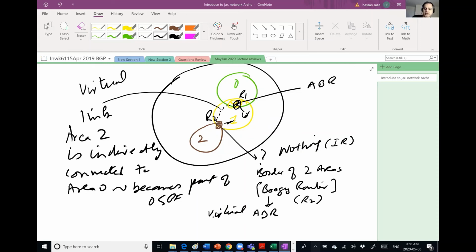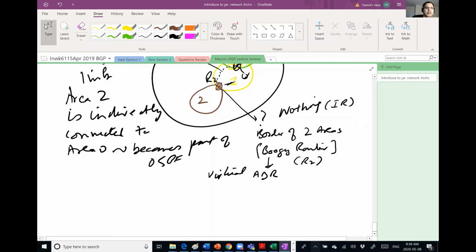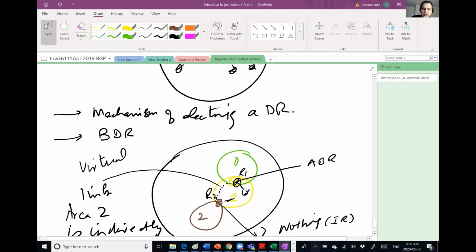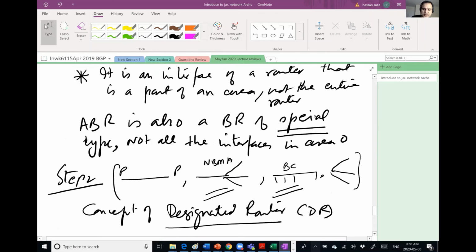And a virtual link gives birth to another type of network in OSPF, which is called a virtual network. So this is in addition to all other networks which I was earlier talking about, like point-to-point, NBMA, broadcast, point to multi-point.